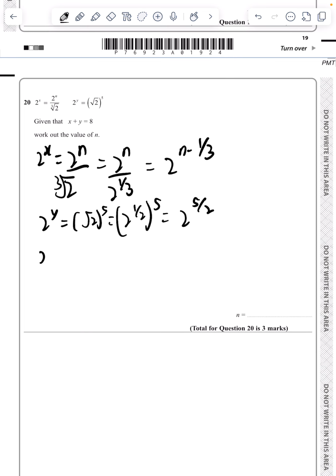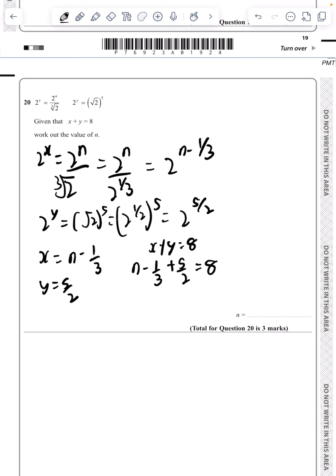So, you know, x equals n minus 1/3, y equals 5 halves, x plus y equals 8. So just sub in the values. Simplify. Well, just bring everything to one side, so 8 plus a third minus 5 halves. And then you could just do this however you want.